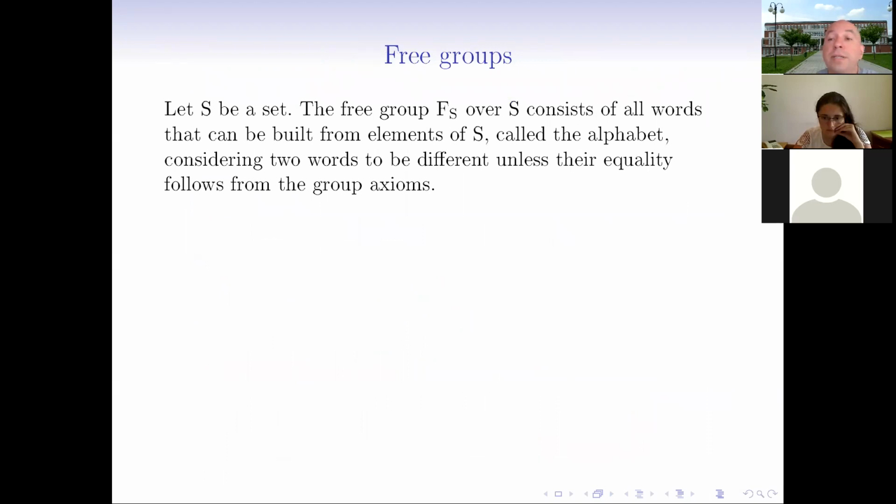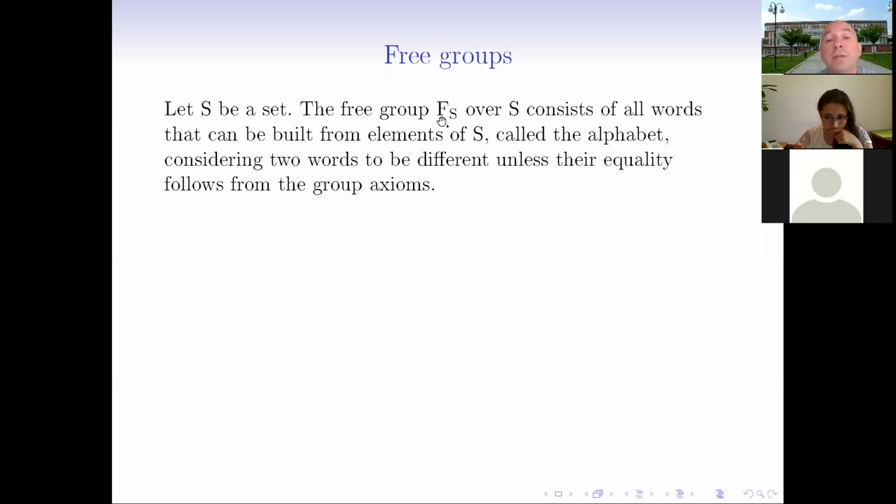There is a more liberal example of groups, which is also very universal. It's called free groups. Let's take S a set with some elements. We can always view it, without loss of generality in this course, as a finite set, but it can be anything.